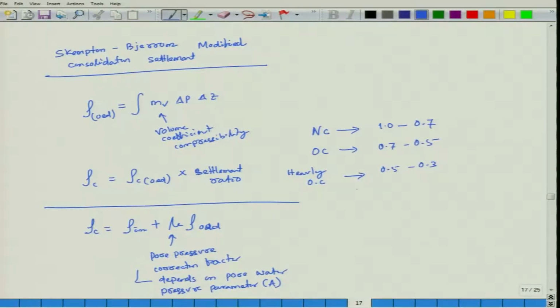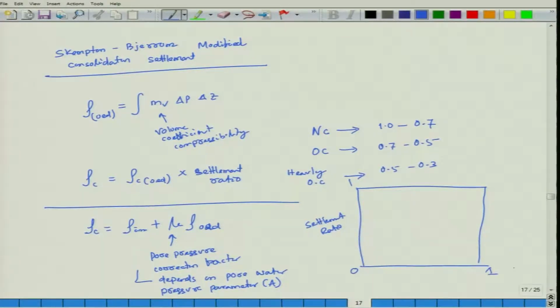They have given certain charts, you can collect it in the book Foundation Design and Analysis by Bowles, as I said. From there it is your settlement ratio, and this is varying from 0 to 1. Here also settlement ratio is varying from 0 to 1, and they have given this chart.